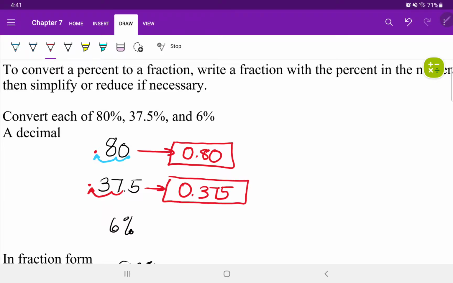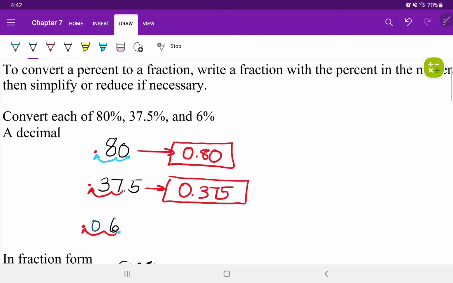And the same thing with 6%. We're going to put a decimal point after that 6, drop the percent sign, and then we're going to move the decimal 2 units to the left. 1, 2. Now, there's an open space right here. We put a 0 here, and we call that a placeholder.